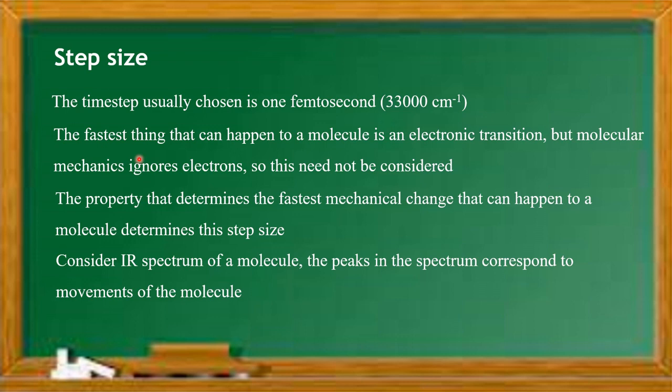But molecular dynamics is a branch of molecular mechanics. What happens in molecular mechanics? We ignore the electrons, so we cannot take the electronic transition into consideration. After the electronic transition, the next thing we can think of is a mechanical change to a molecule.